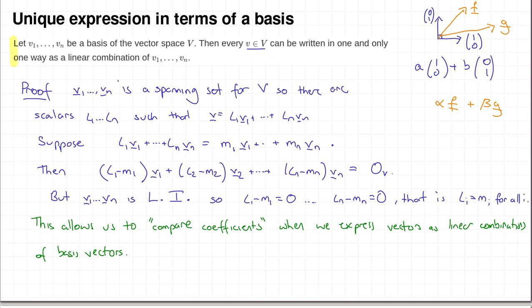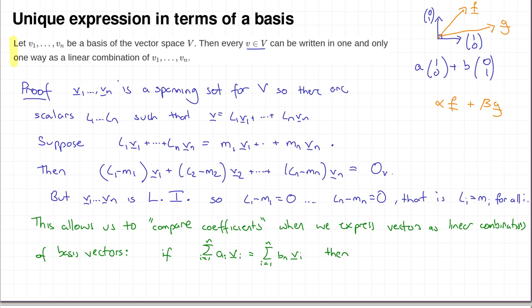What I mean by compare coefficients is that if you have two linear combinations of a basis, using the same notation for our basis as before, so suppose the sum from i equals 1 to n of ai vi is equal to the sum from i equals 1 to n of bi vi, then you can compare the coefficient of v1 with that of b1, and they must be equal.